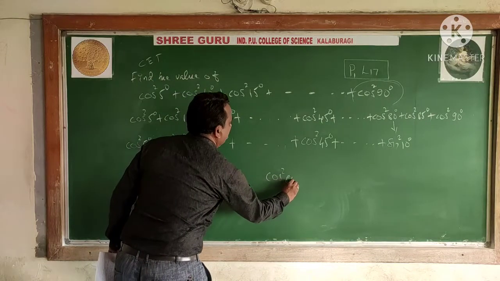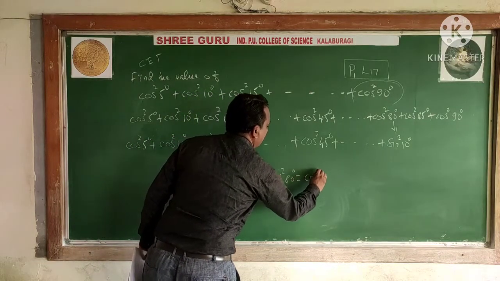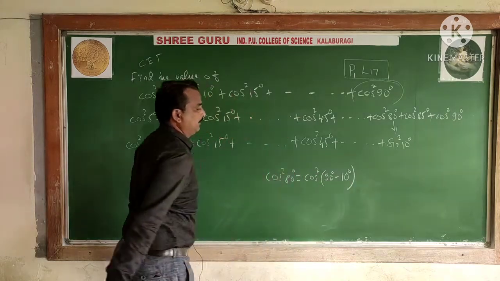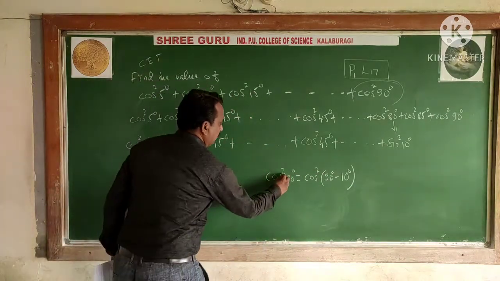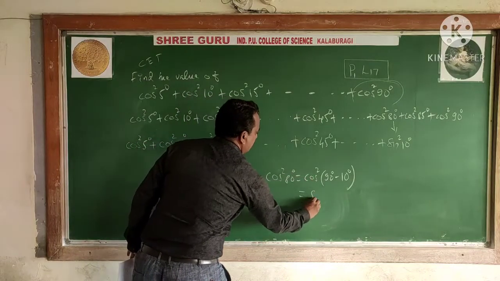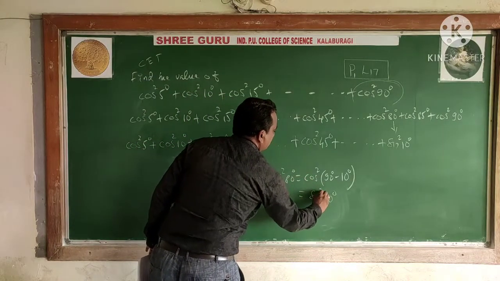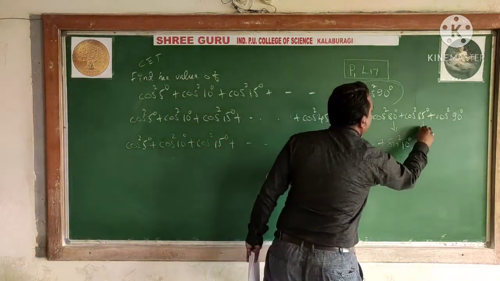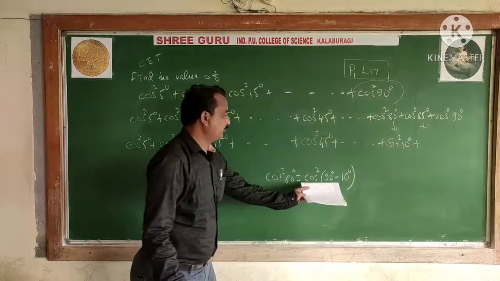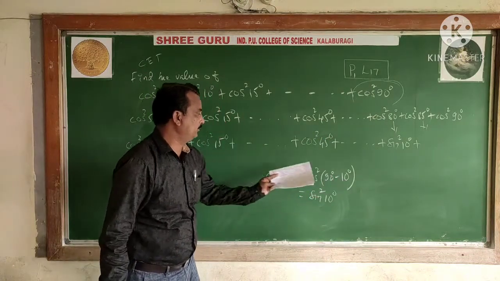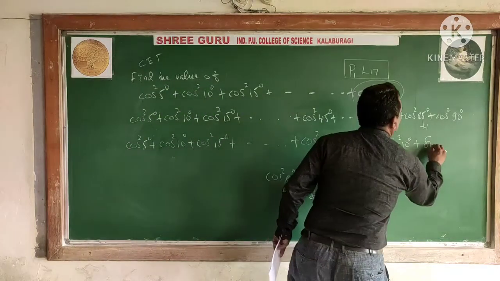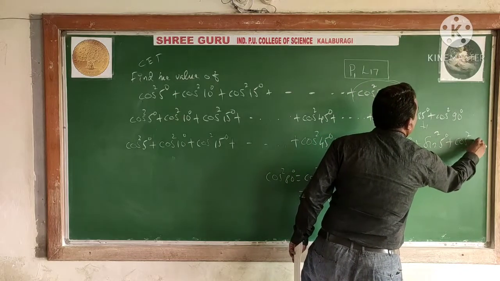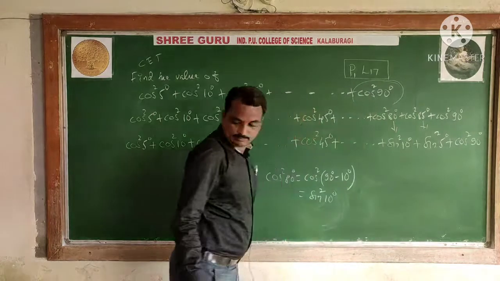Similarly, 85 is 90 minus 5, so it is sin square of 5. Cos square 90 remains as it is.